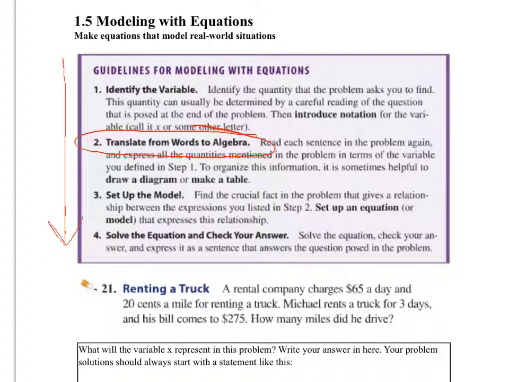And that's the difficulty in word problems: being able to understand the relationships among the quantities and set up a model using algebra to solve the problem or find out the value of the quantity that you're being asked for.